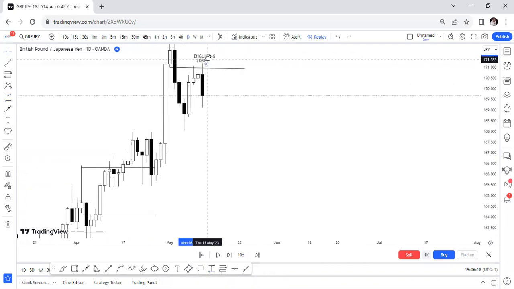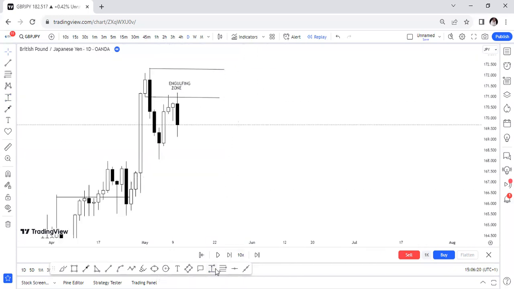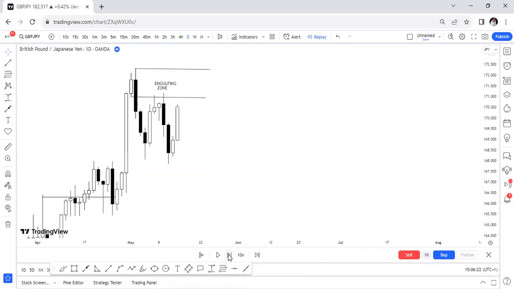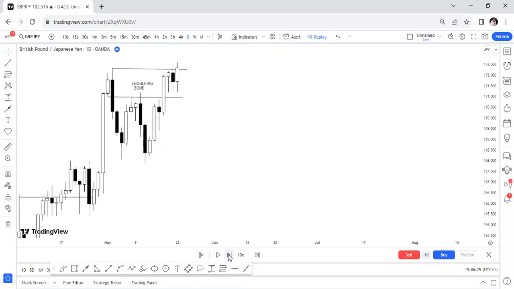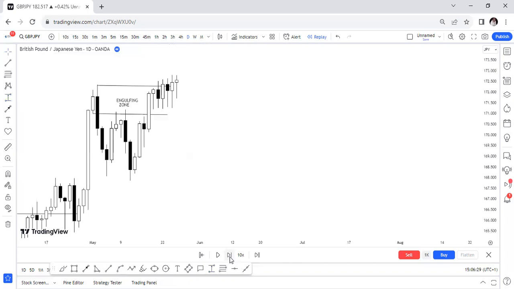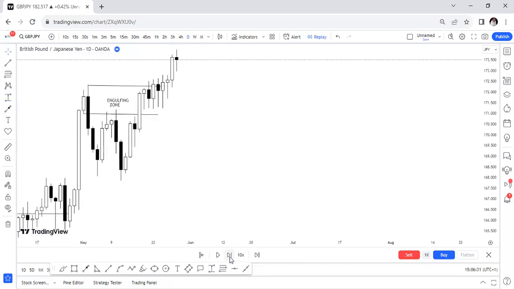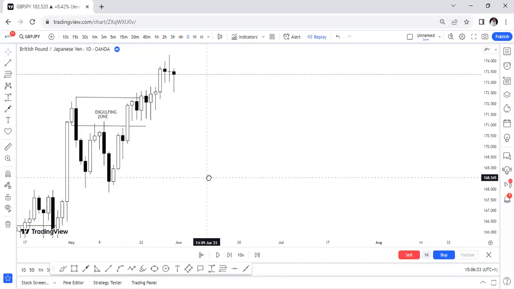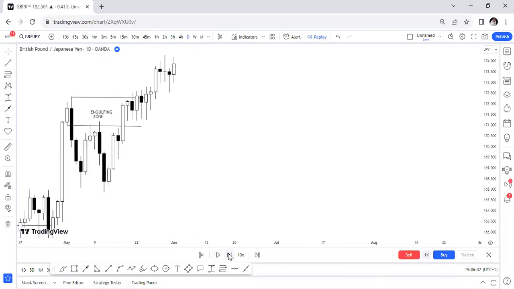That zone was kind of taken out. We have that zone. Then the price broke through.